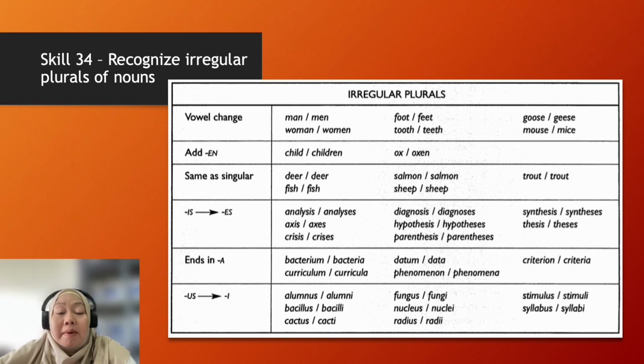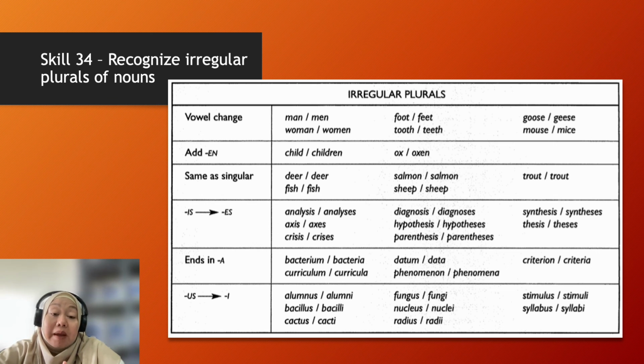It's easier to remember, and there are actually some variations for the irregular plurals of nouns. So you have to make sure that you are aware of this, so that you can anticipate it in the sentence. Okay. Let's take a look at these irregular plurals.